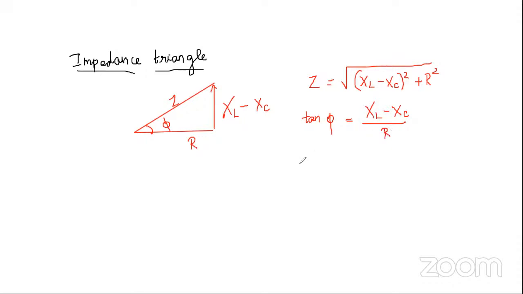From this you can write cos phi also. Cos phi is nothing but adjacent side by hypotenuse, that is R by Z, and sin phi also you can write. All these equations are important, students. From these equations you will be solving numerical problems. Please observe carefully: sin phi equal to XL minus XC divided by Z. All these equations are important.